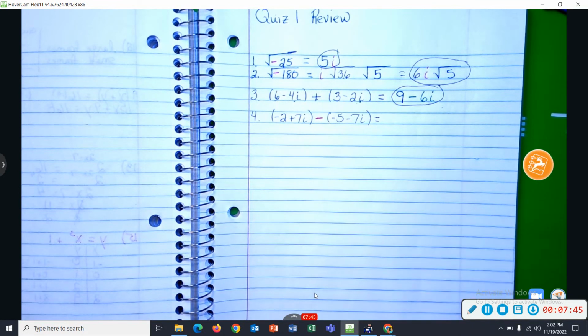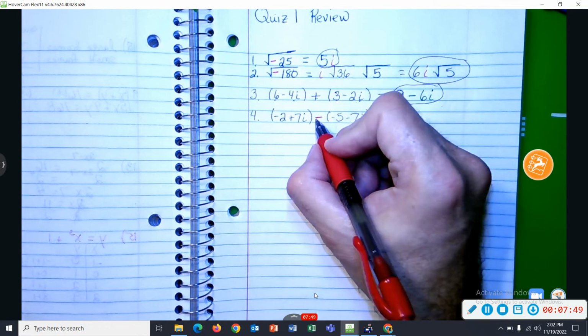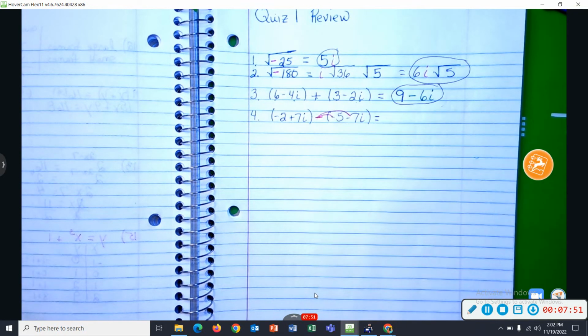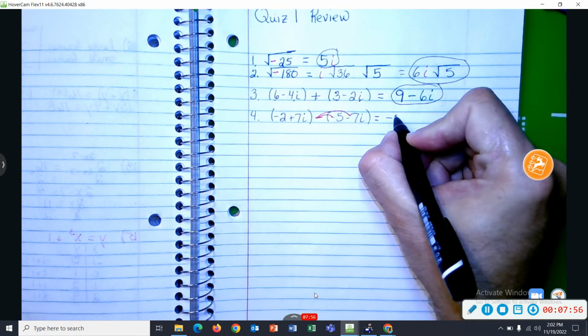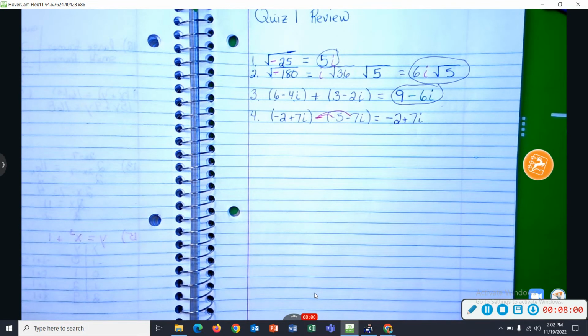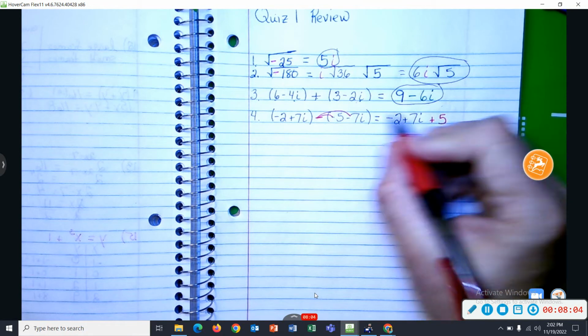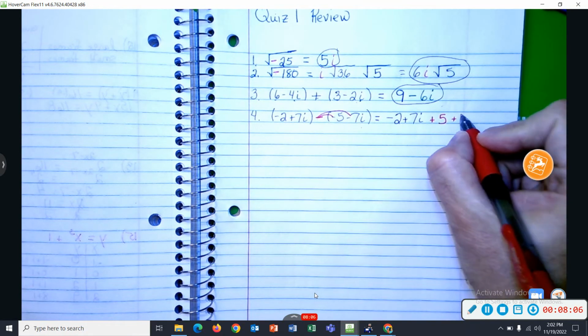To subtract, there's one extra step. You're going to have to distribute this minus before you combine the like terms. So we have negative 2 plus 7i, and distributing the minus, that would be a plus 5 and a plus 7i.